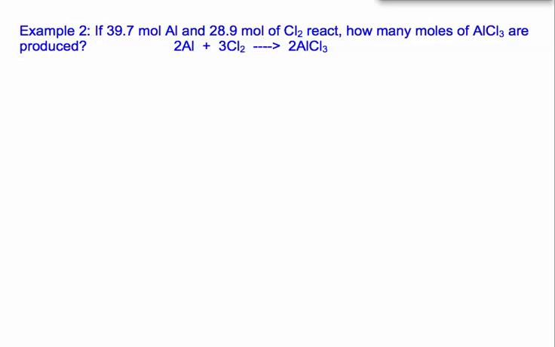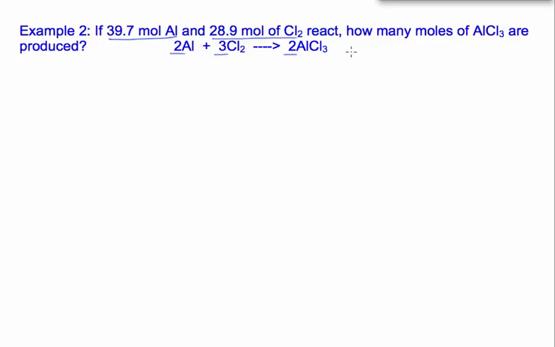So in this problem, we have 39.7 moles of aluminum and 28.9 moles of chlorine. So we need our mole ratios for aluminum to aluminum chloride and from chlorine to aluminum chloride.